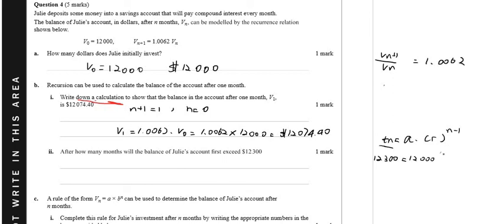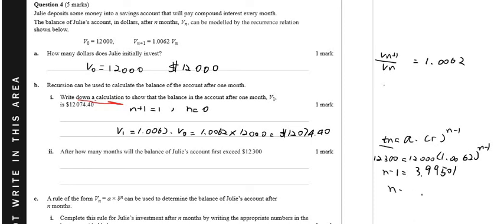So 12,300 equals 12,000 times 1.0062 to the power of n minus 1, and I find that n minus 1 equals 3.99501.